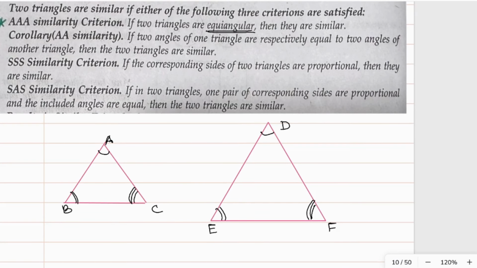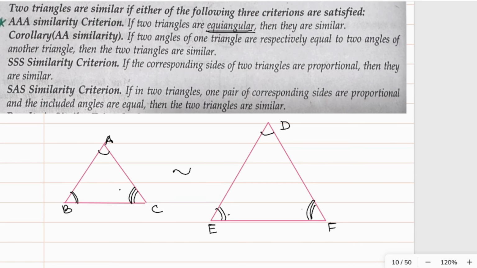For example, a triangle ABC and a bigger triangle DEF. If angle A equals angle D, angle B equals angle E, angle C equals angle F, we can tell that these two triangles are similar.